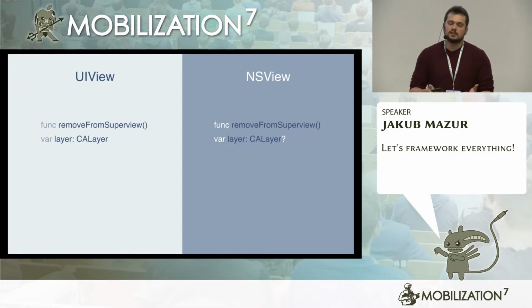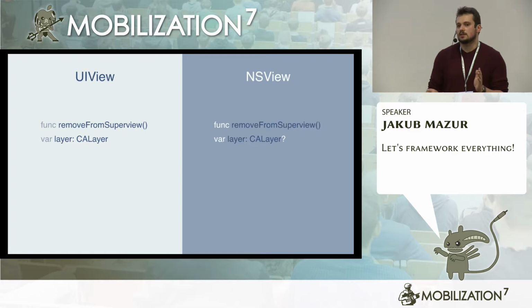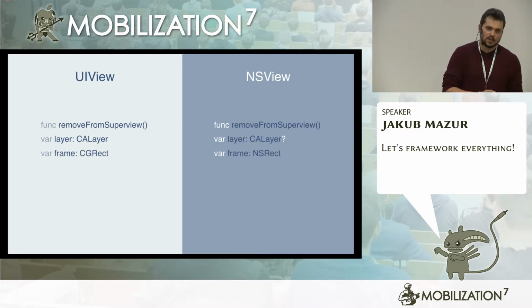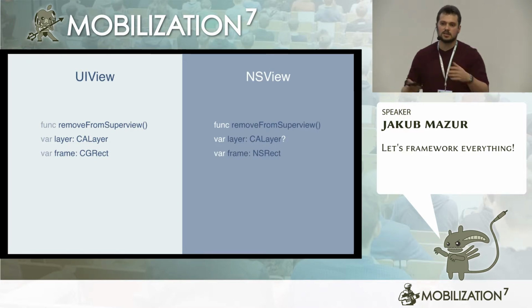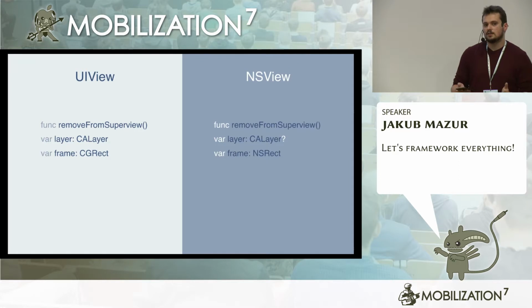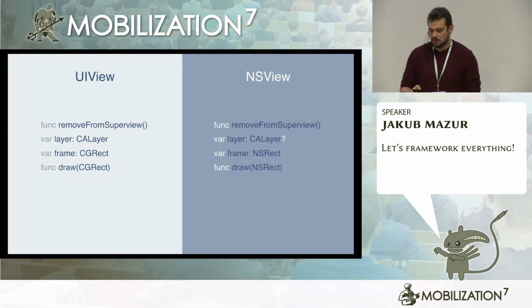And this can lead to a problem, but nothing that can't be solved. The frame, for example, is a CGRect on one side and an NSRect on the other. This can also be easily solved, so that's not really an issue. And the same goes for the drawing method.